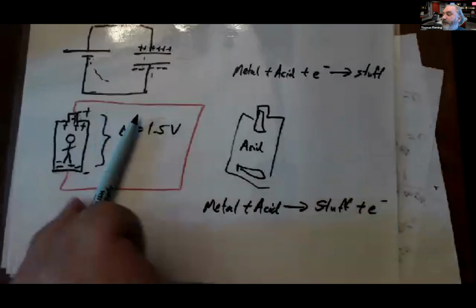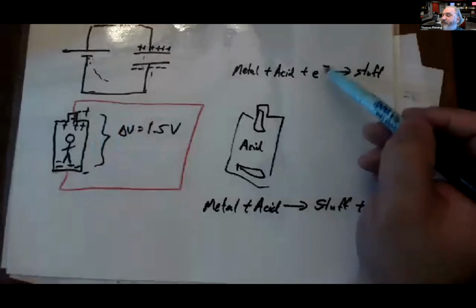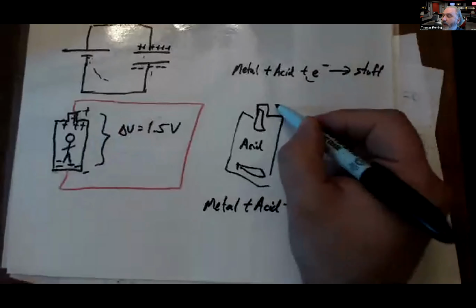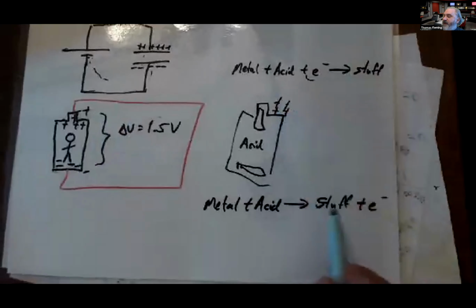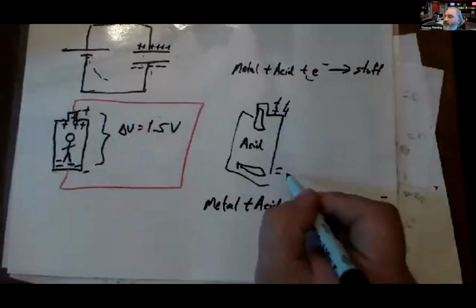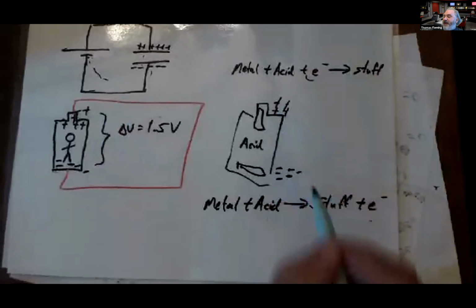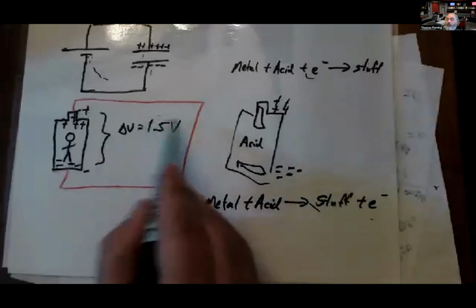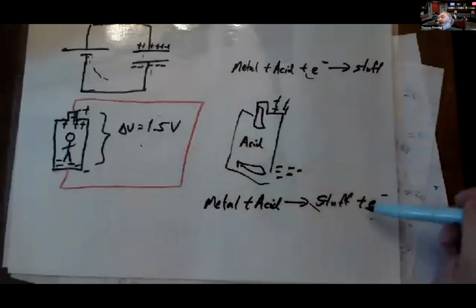When you do, you end up with a certain deficit of negative charges at this terminal because I'm using up negative charges. That's why it becomes positively charged. Down here, I end up with a surfeit of negative charges because as this reaction occurs, it's spitting out extra electrons, and I don't have anywhere to put them. So that becomes negatively charged. And the size of the voltage is going to depend on the energetics of whatever that chemical reaction is. That's why it's 1.5 volts, because that's the energy difference of those two chemical reactions.